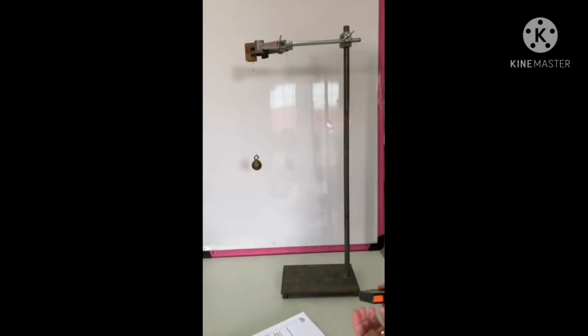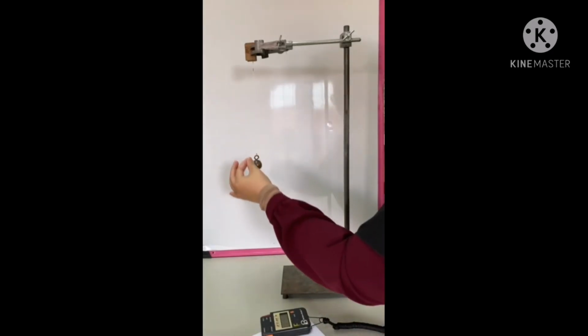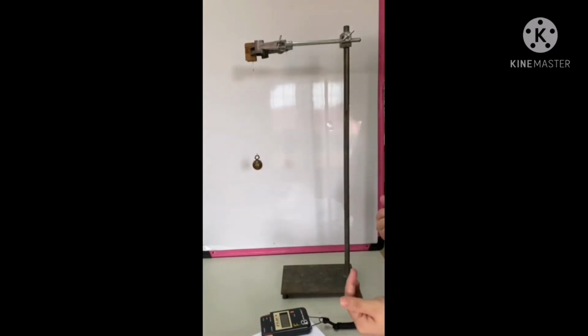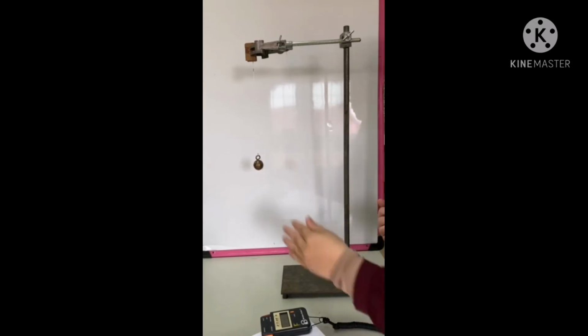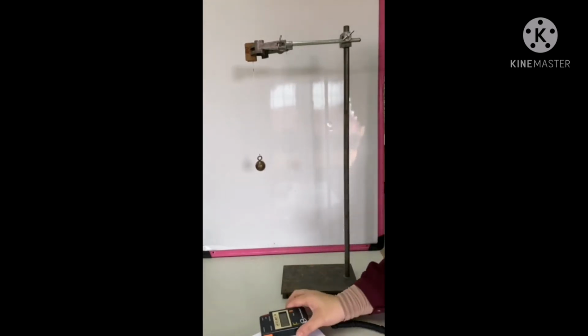So we are going to use different lengths of simple pendulum to control the manipulated variable. And for each different length, we are going to record the time taken for the pendulum to complete 20 oscillations. Alright, so we're going to start now.